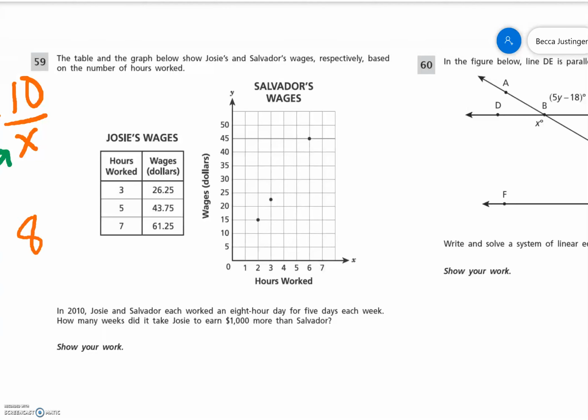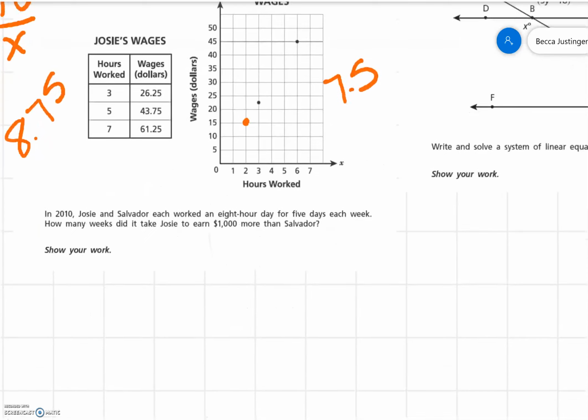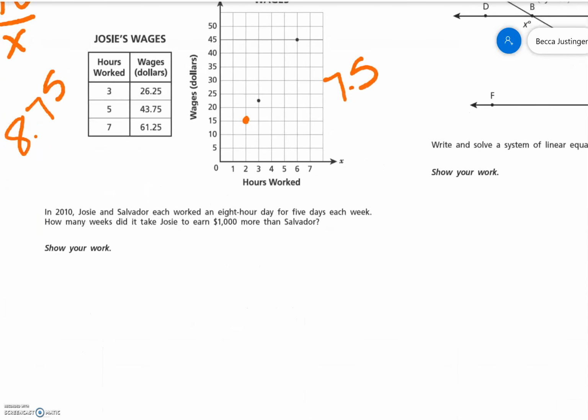So if you divide that, she makes $8.75. Salvador makes $15 in 2 hours. So do 15 divided by 2. That equals 7.5. We want to know if they work the same amount of weeks, how long did it take Josie to earn $1,000 more than Salvador?